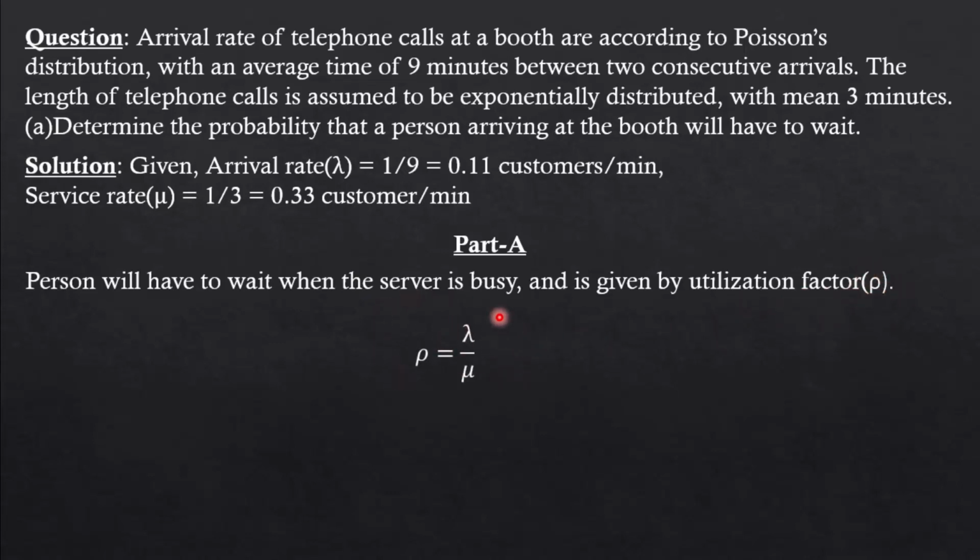So rho is given as lambda by mu. Let us put the values of lambda and mu here, and it is coming as 0.33, or we can say 33.33%. So the probability that the person coming will have to wait is 33.33%.